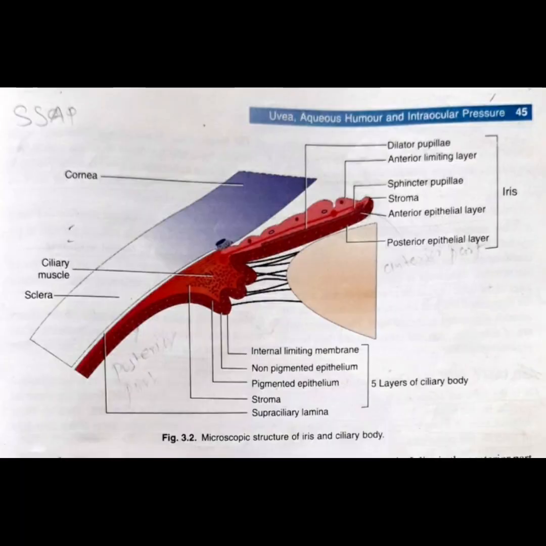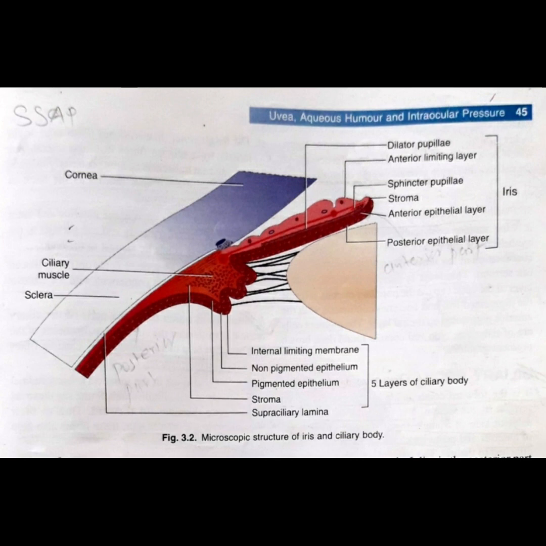It is the forward continuation of the retinal pigment epithelium. So the continuation of the retina at the ciliary body, the RPE layer's continuation, is the layer of pigment epithelium. Then the layer of non-pigment epithelium is the rest of the retina, the sensory retina, the neurosensory retina.